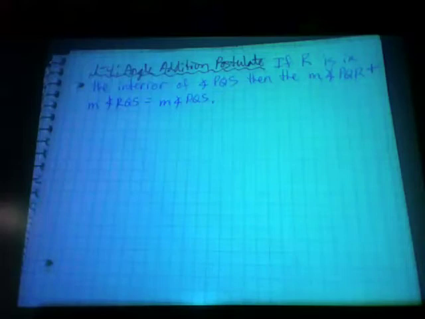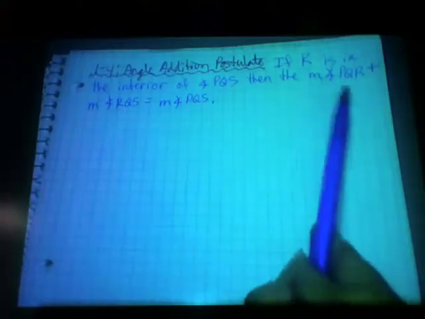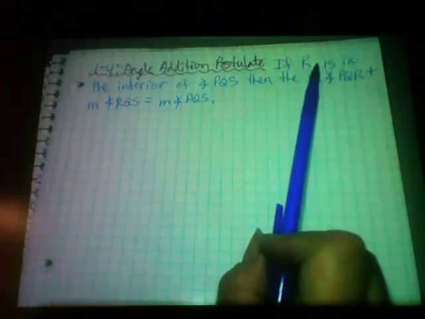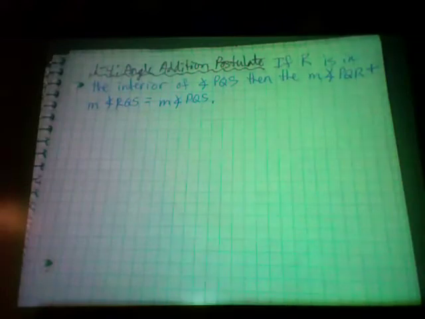And then you can also say this in reverse. If you were told that the measures of these two angles add up to the measure of the whole bigger angle, then you can conclude that R is in the interior. So again, here's one that we could read backwards.